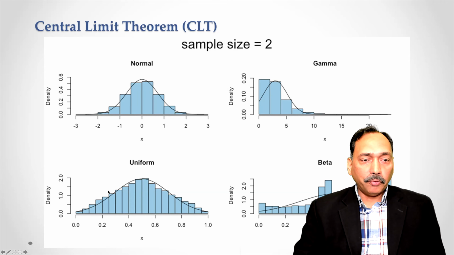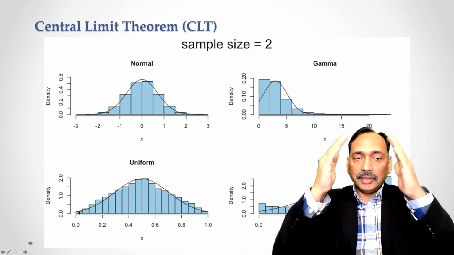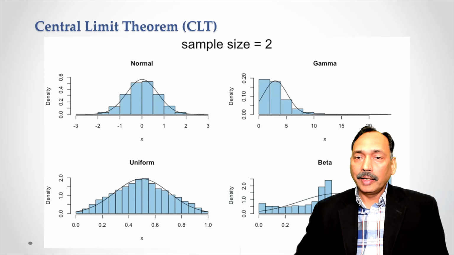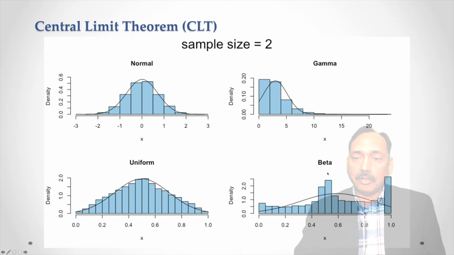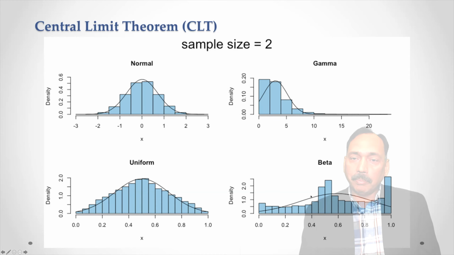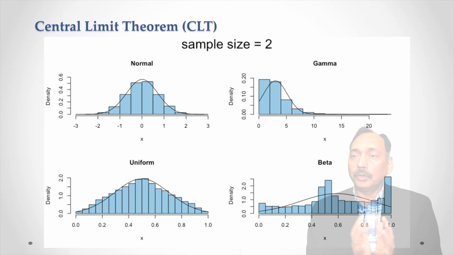What happened to uniform distribution? That already starts looking somewhat, not exactly, but somewhat like a normal distribution. And there is also some churning taking place in beta distribution. It is no more U-shaped, but it looks bimodal by now. So that means data points are coming towards the center.